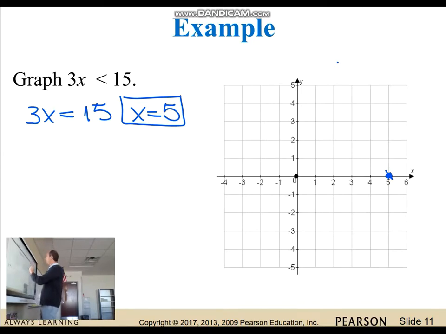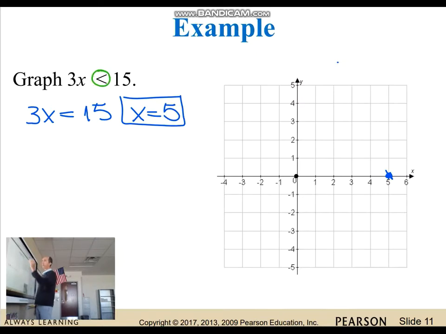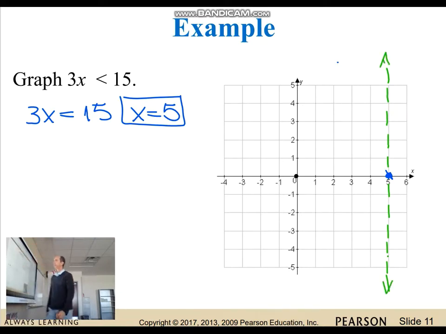And on the inequality, there's no equal sign, only less than. And we will represent the boundary dashed. This line here does not belong to the solution sets. Try the testing point.